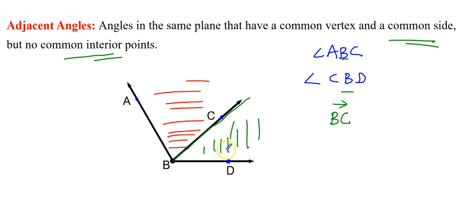Nothing is common between them. So these two angles, angle ABC and angle CBD, are satisfying the condition to be called as adjacent angles, having the common vertex, common side, and not common interior points.